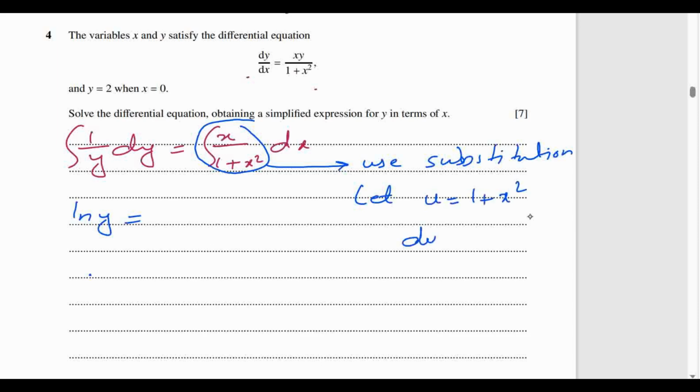So du will be equals to 2x dx, and here we have the x only, so we can write it as du by 2 is equals to x dx. Now न्यूमरेटर को हम किस तरह लिख सकते हैं? du by 2 के इक्वल है न्यूमरेटर. This will be equals to du by 2.